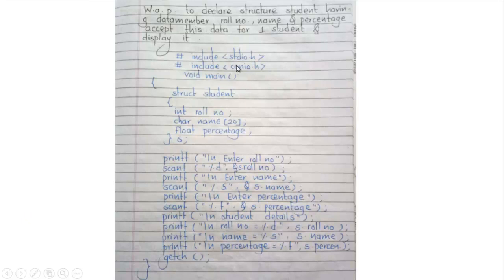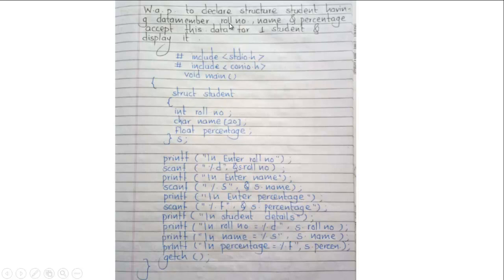For that we have to add the header files, stdio.h and conio.h. In void main, first you have to create the structure. The syntax for creating a structure is struct. Here the struct keyword is used in small case. The name of the structure is student, then an opening brace.